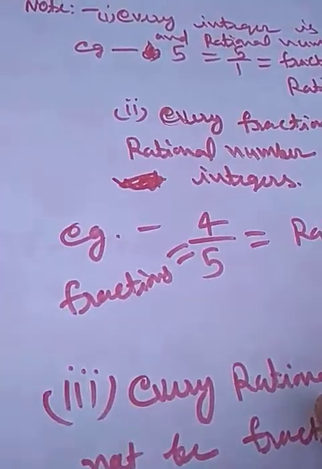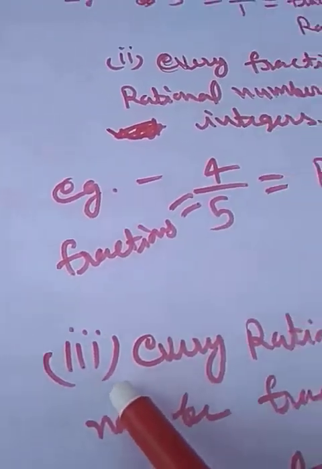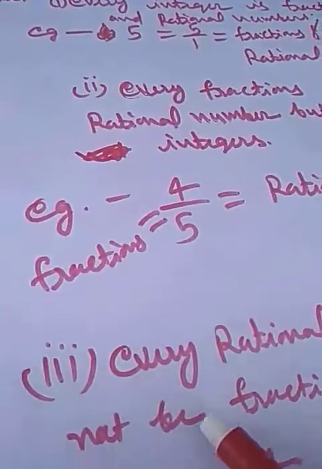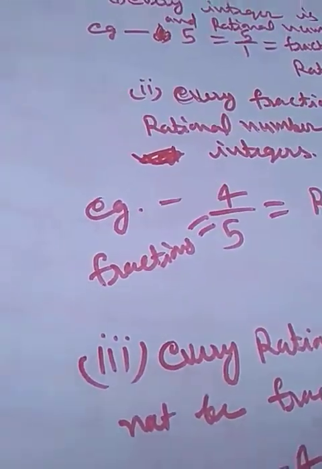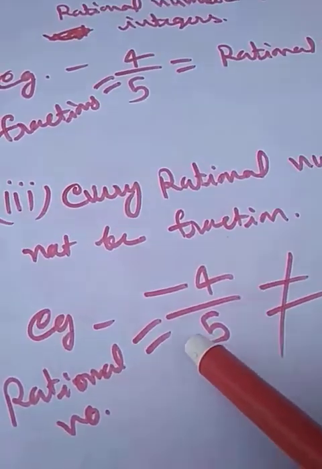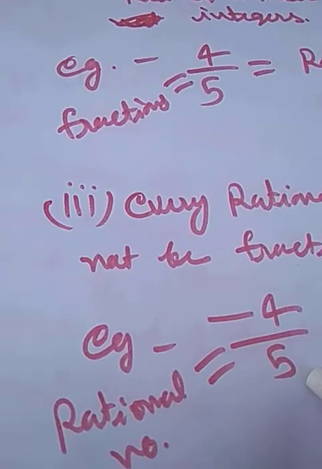Now the next case is the third case. Every rational number need not be a fraction. Suppose here a rational number is minus 4 by 5. Here minus 4 by 5 is a rational number but it is not a fraction. How?